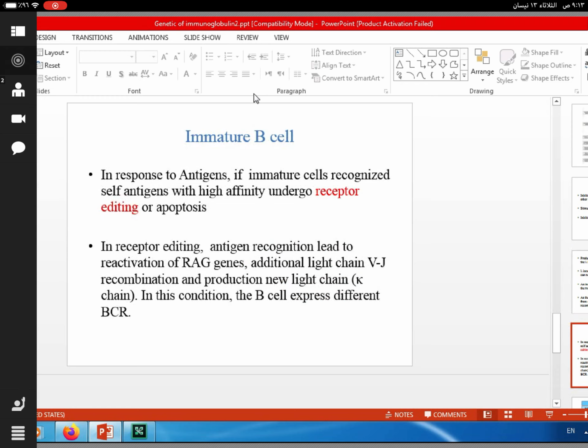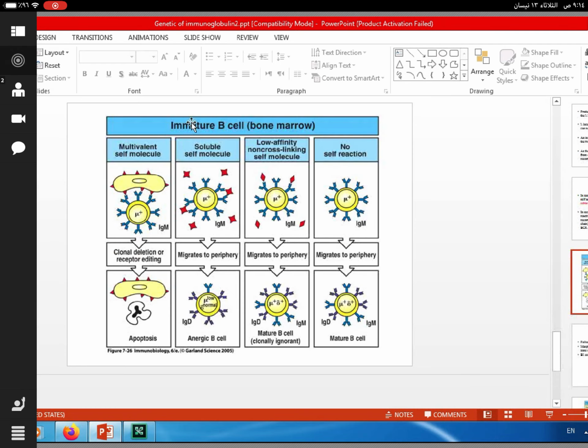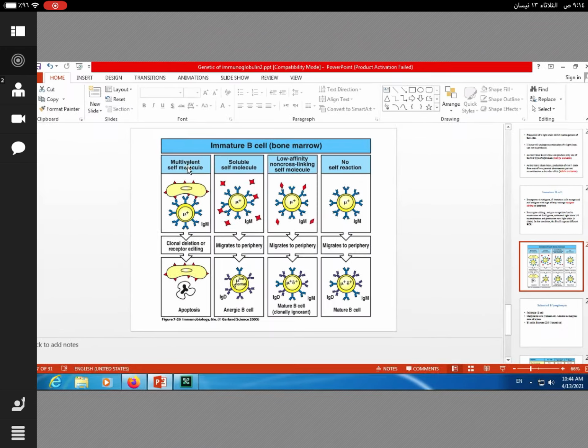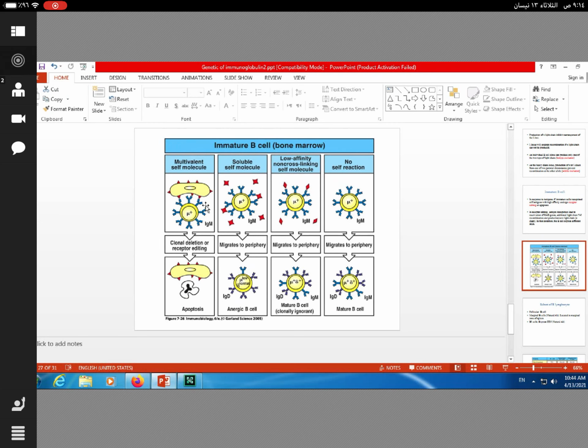So, the immature B cell, in response to antigen: if the cell recognizes self-antigen with high affinity, or if immature B cells recognize a self-molecule as multivalent, the cell undergoes receptor editing or apoptosis.